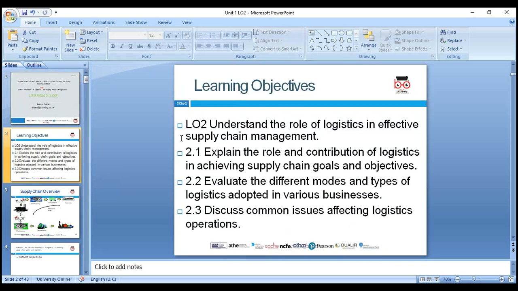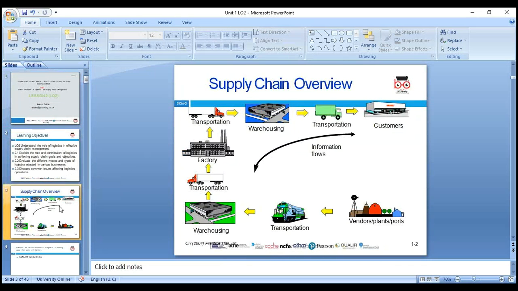We'll go through today our LO2. As I mentioned, we have 3 assessment criteria and an overview of supply chain. What is the supply chain? Transportation, warehouse, customer, information flows. All this comes under the supply chain.